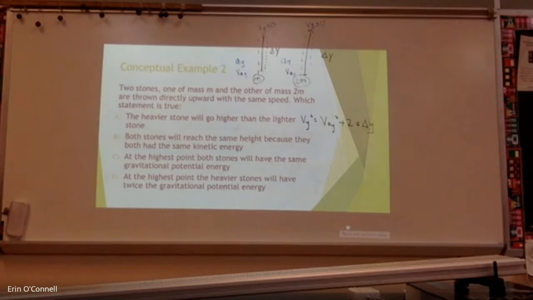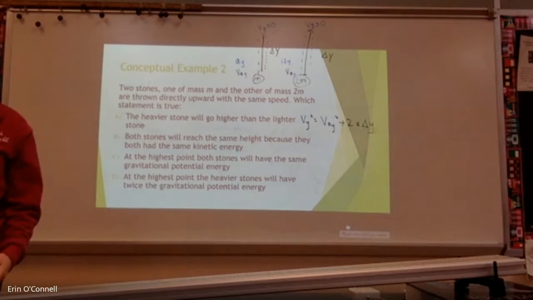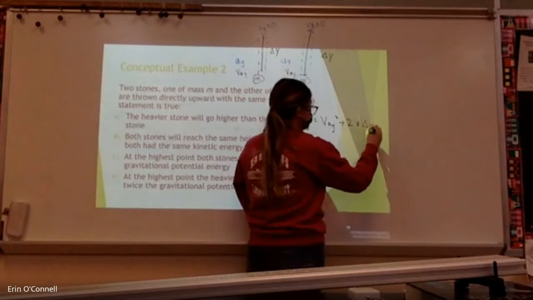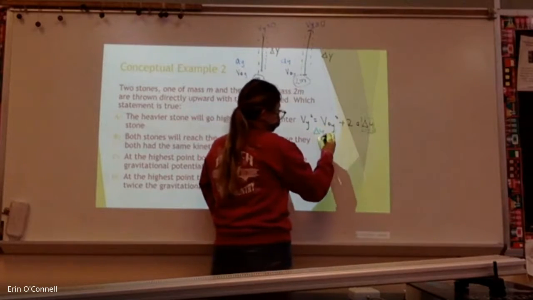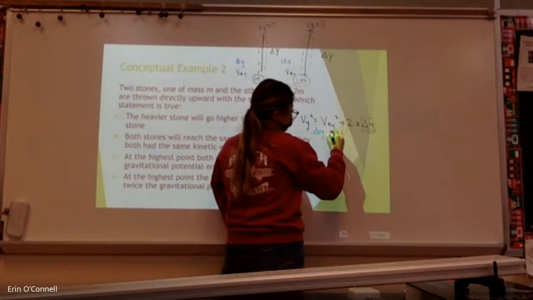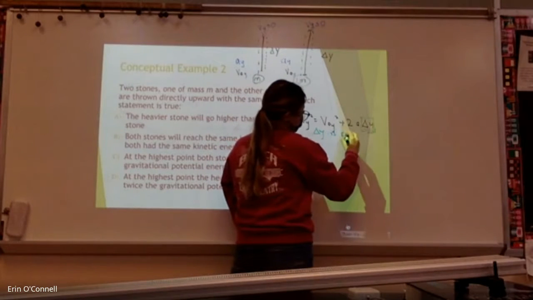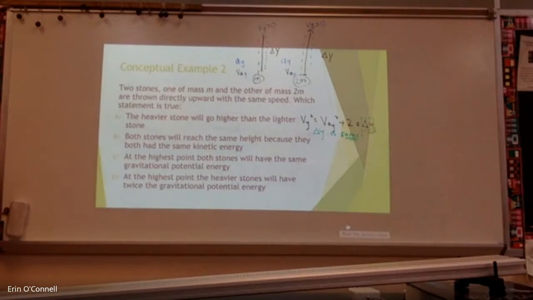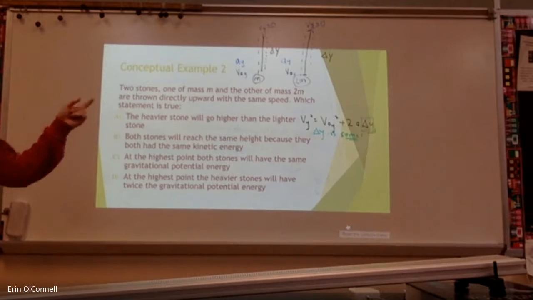No. Are you guys following me or no? They would be the same. If you were to plug in and solve for delta y, they would be the same for both situations, regardless of the mass. If they have the same initial velocity, the same acceleration, and the same final velocity, they're going to move the same displacement. Delta y will be the same.